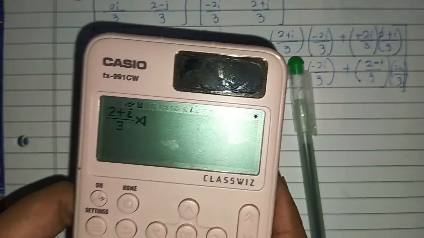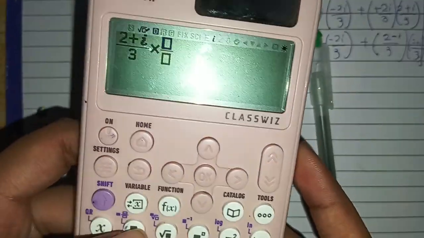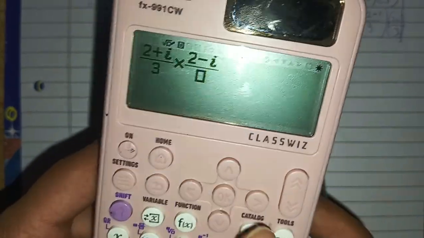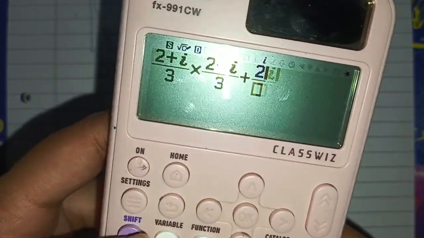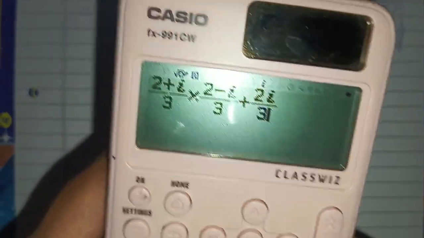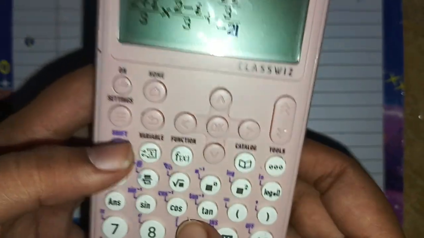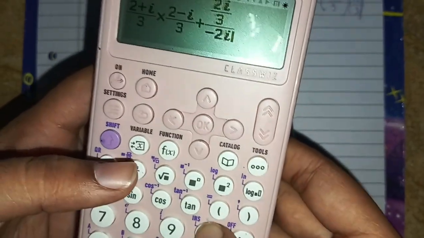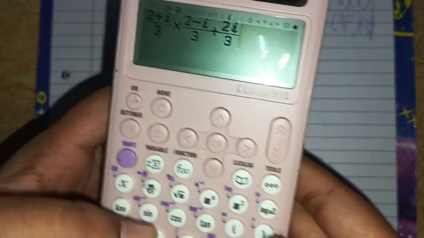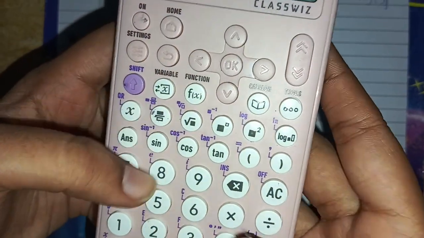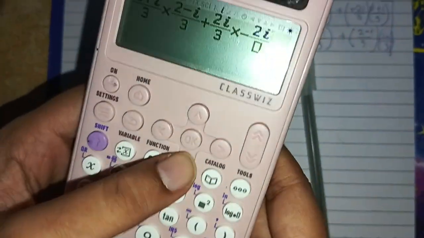Now you have to use this denominator and numerator again. Then 2 minus i by 3, plus 2i by 3, into minus 2i by 3.